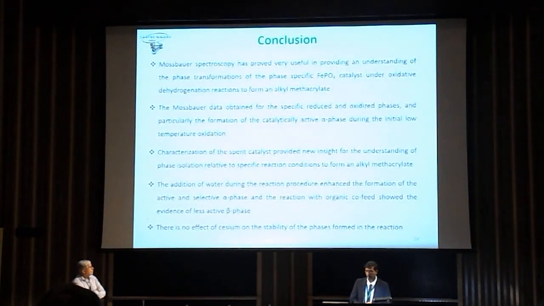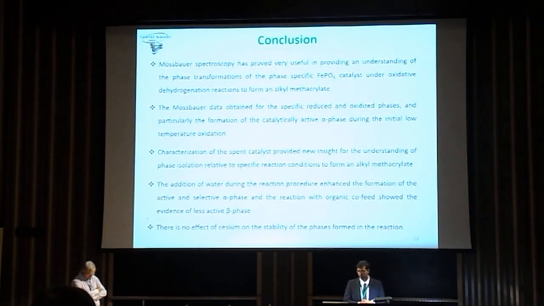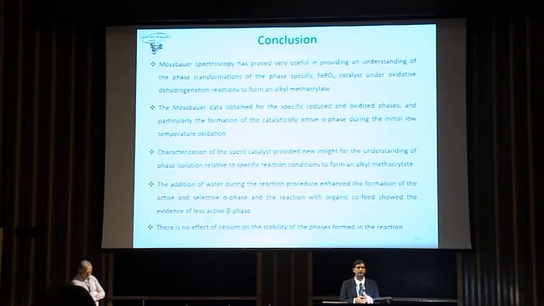In conclusion, Mossbauer spectroscopy has been very useful in providing an understanding of the phase transformation of the iron phosphate catalyst, so that we can stabilize the alpha phase under the reaction conditions towards our target lifetime and the target yield towards our products. The characterization of the spent catalyst gave new insights into what is happening under the reaction conditions.